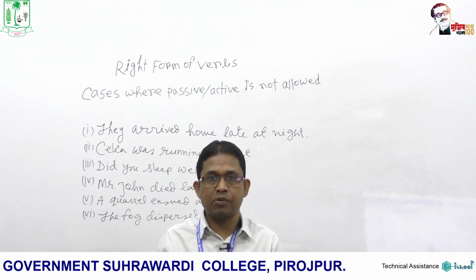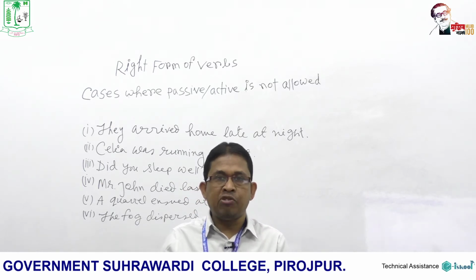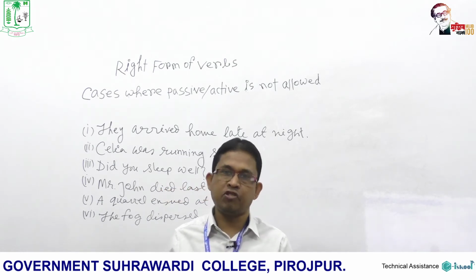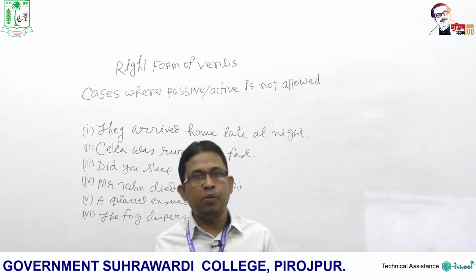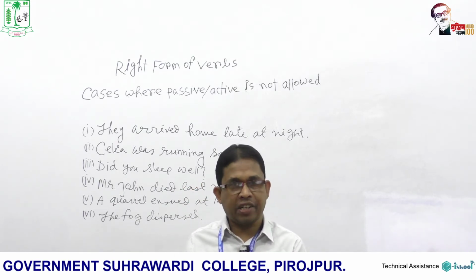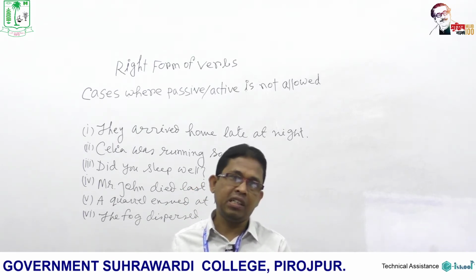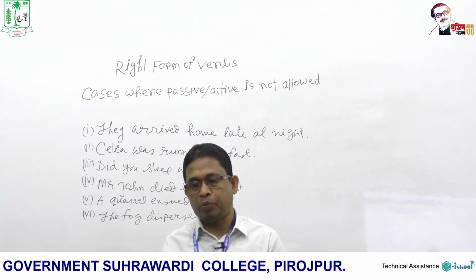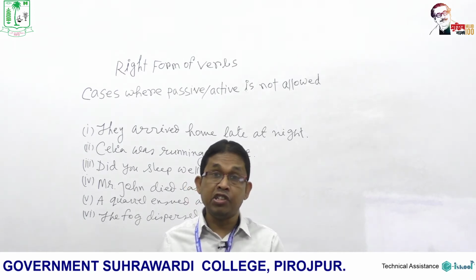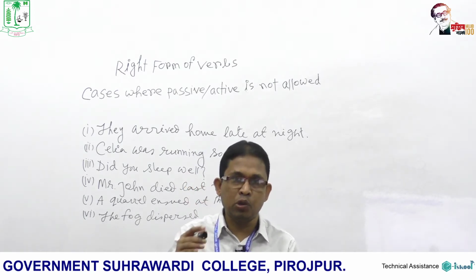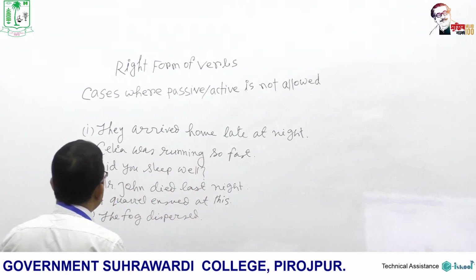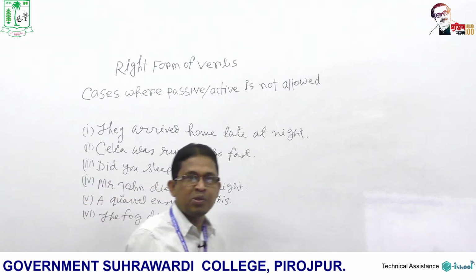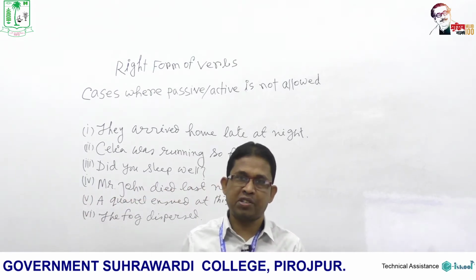An intransitive verb is that verb which doesn't take an object, and the verb which doesn't take an object cannot be used in passive. I have used 6 intransitive verbs here, because in none of these 6 sentences we are getting any object.